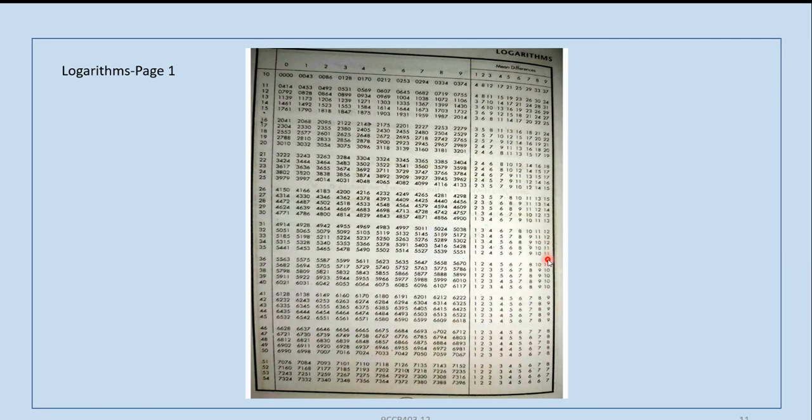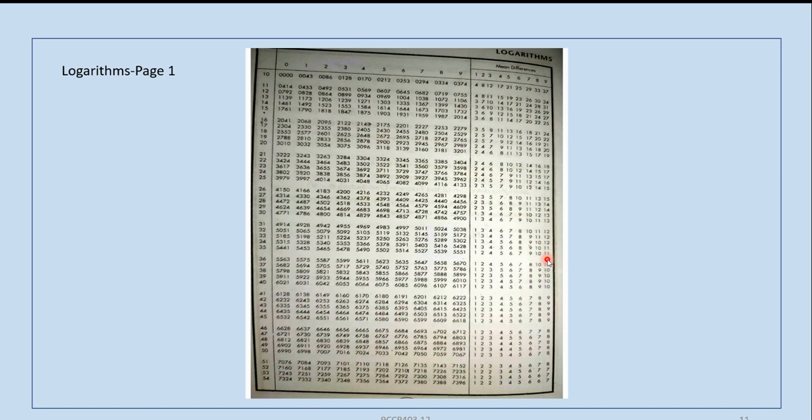In the 9 column, we have 11 against 35. That is the mean difference. For the fourth digit, we will take the mean difference. So 3.5539 plus 11. This 11 should be added to 5539.